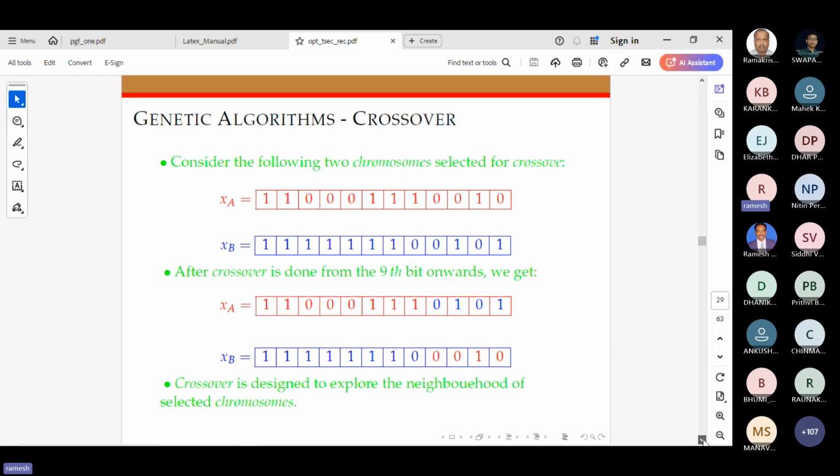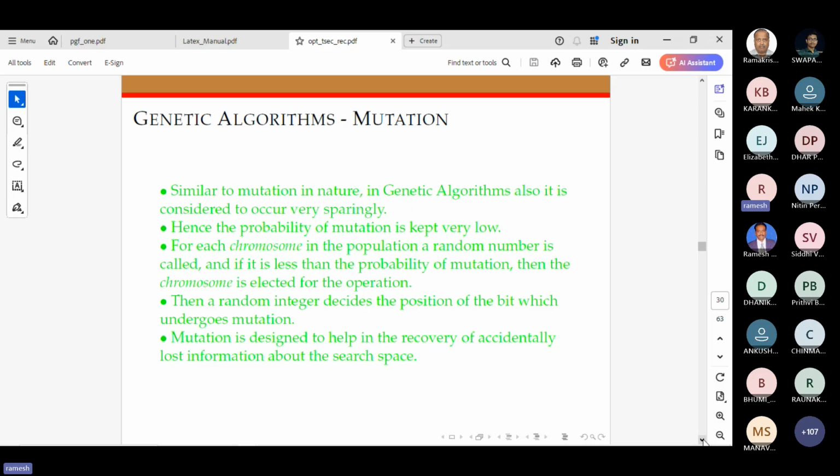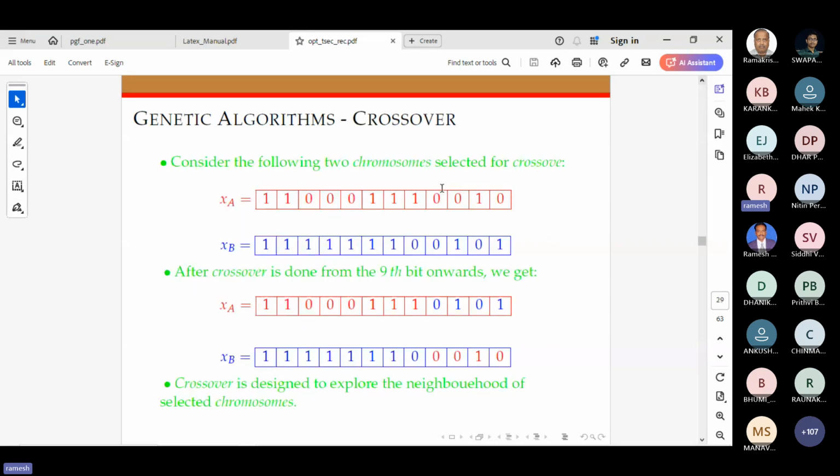Okay. So once the crossover is done, your redundant population members will no more be the same. They will form new members. The basic idea in the crossover operation is that you can clearly see the MSBs, most significant bits, on the left-hand side are kept as they are, and the bits on the right-hand side are crossed over.